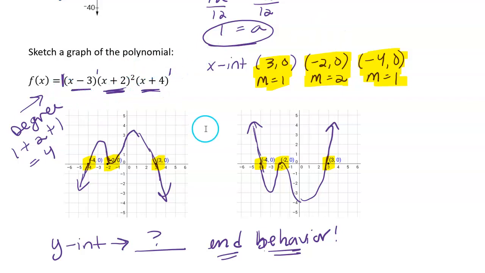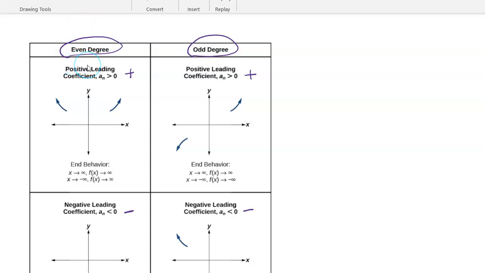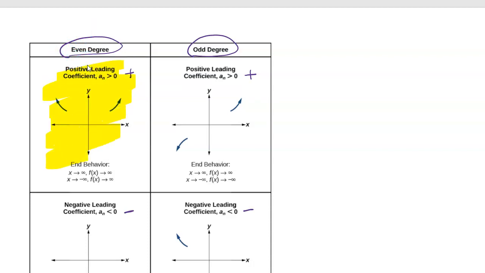They do have the same a value, however. Now your a is 1, and that is positive. So we have an even degree and we have a positive leading coefficient. All right, so we need to use this information, because that's the spot in the chart that matches each of our conditions.